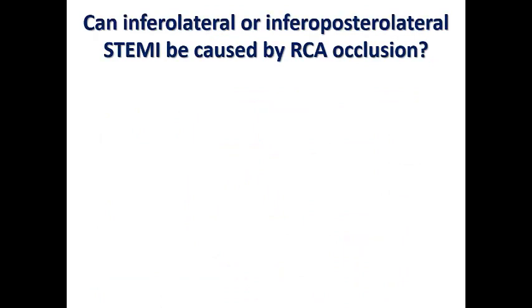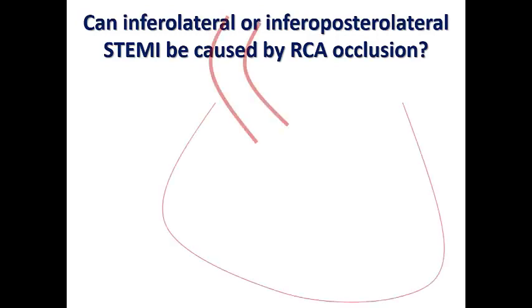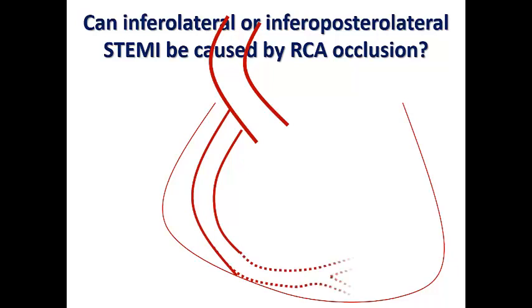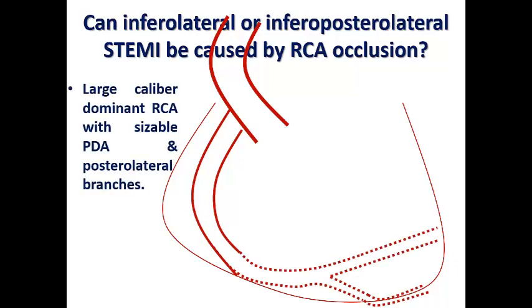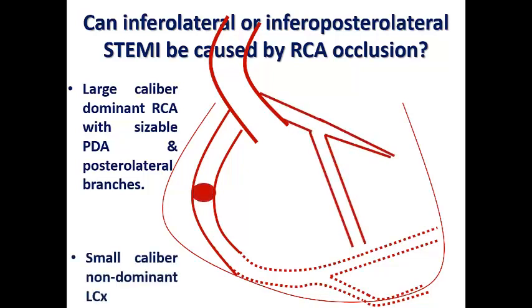The fourth question: can infrolateral or infraposterolateral STEMI be caused by RCA occlusion? It seems weird, but it is also a possibility, because sometimes the patient has a large caliber dominant RCA with a big sizable PDA and posterolateral branch that extend to the posterior wall and lateral wall, and his LCX is small caliber and non-dominant.